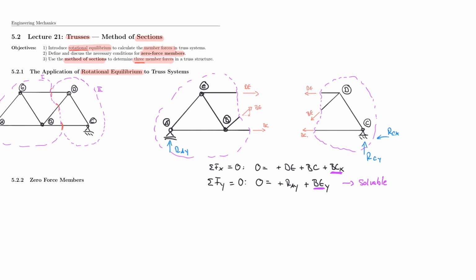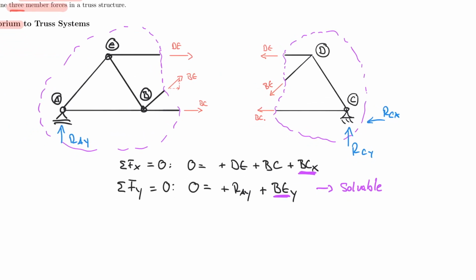And so if now I start to use the sum of the moments here as my third equation, sum of the moments being equal to 0, I need to find a very interesting point to rotate about. And so the question is, where would be a point for this cut to take the sum of the moments about, so that I only end up with one unknown?